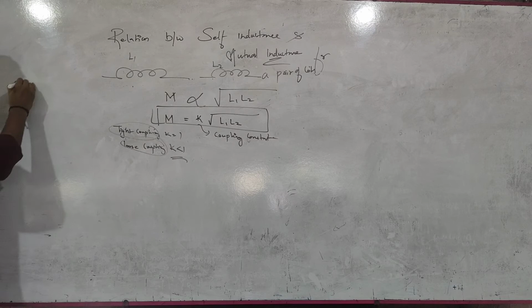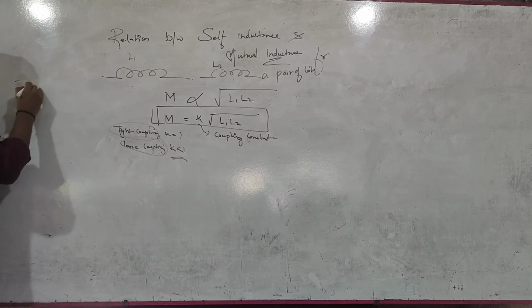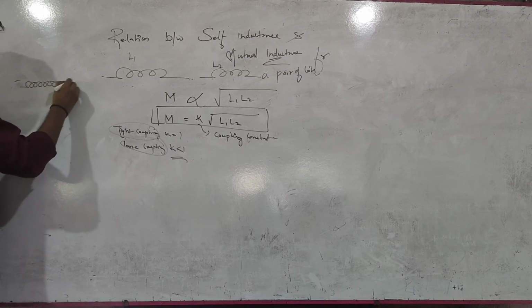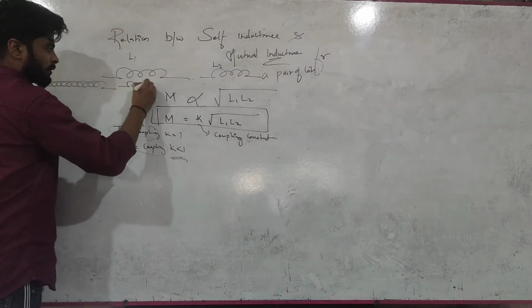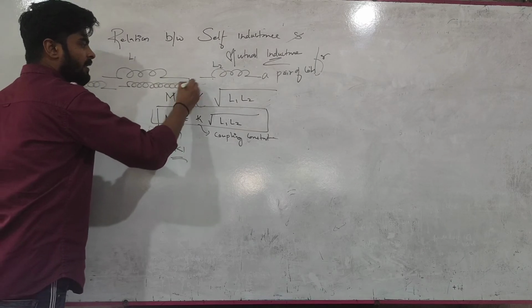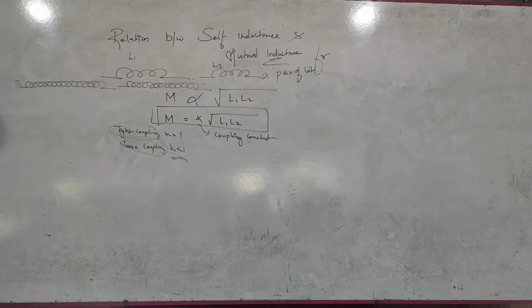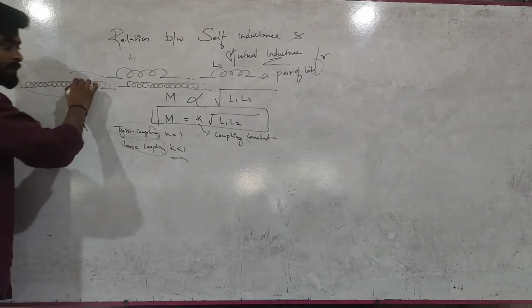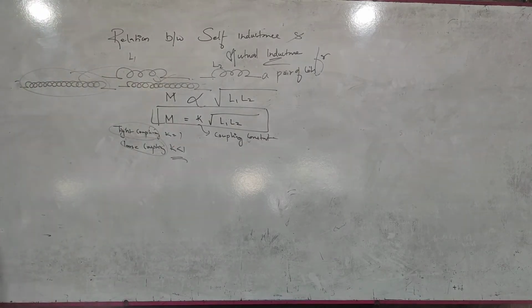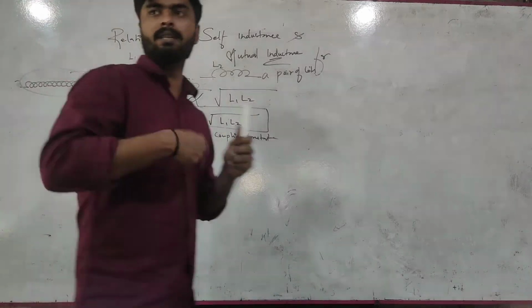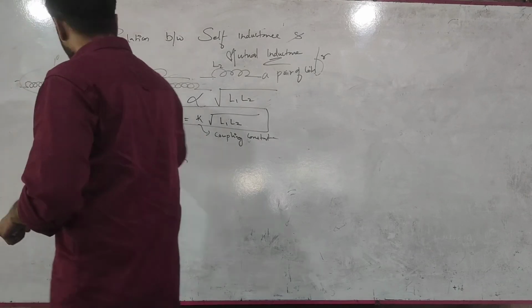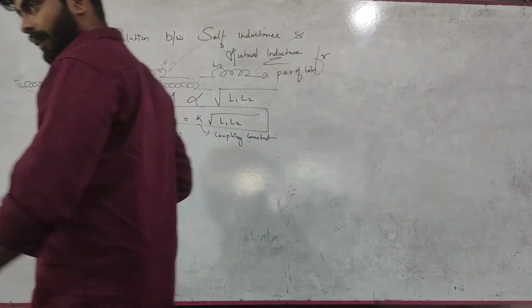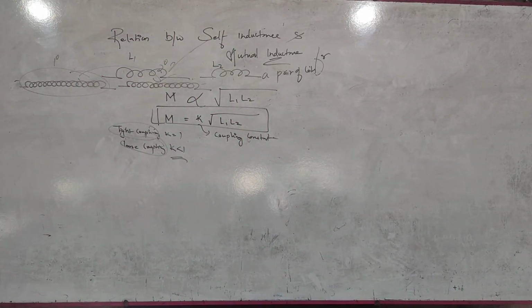If the primary coil is wound very tightly, very closely, and also the secondary coil is wound very closely, then the total flux of the primary will be available to the secondary. If the coils are tightly wound, then the complete flux of the primary will be available to the secondary. This is what is called tight coupling.